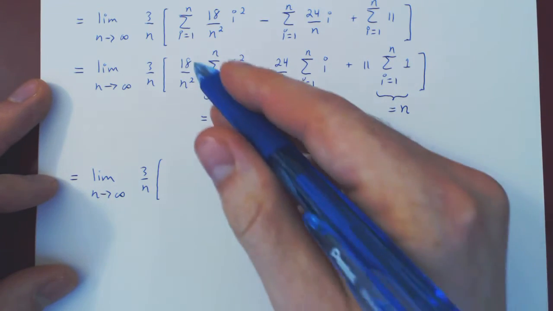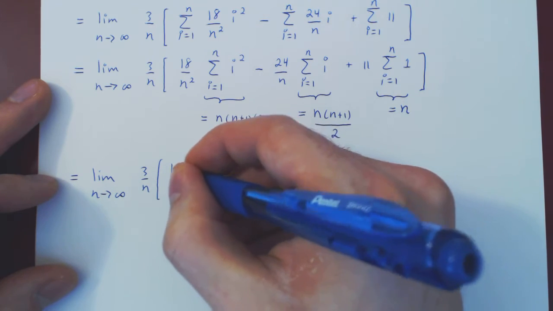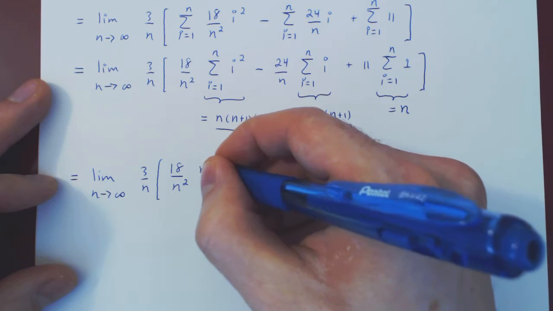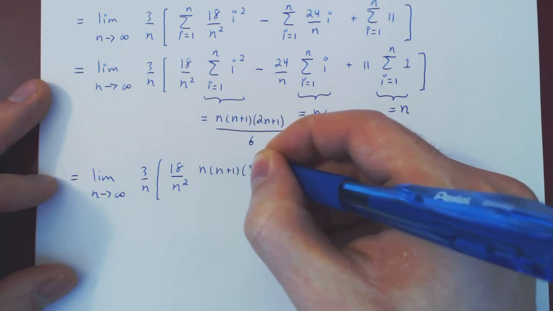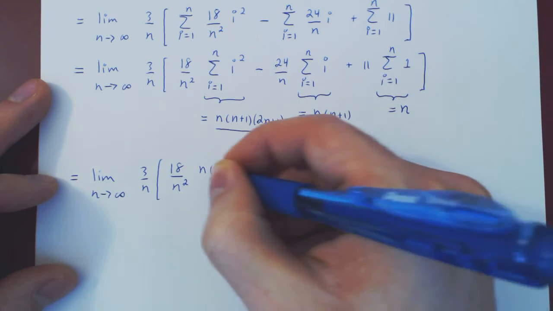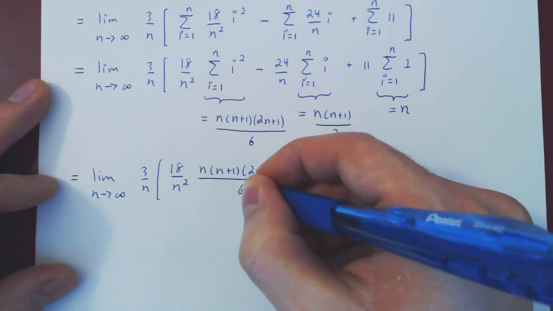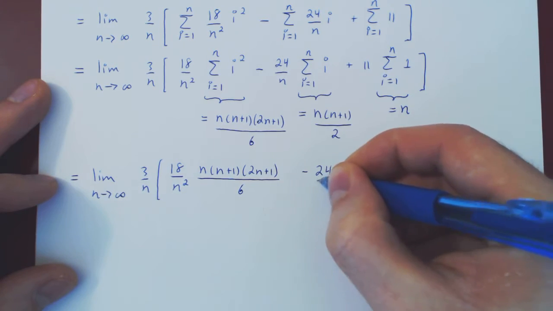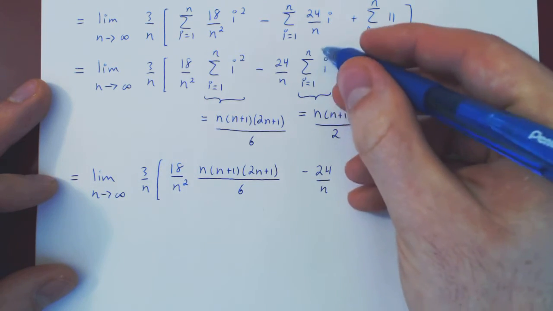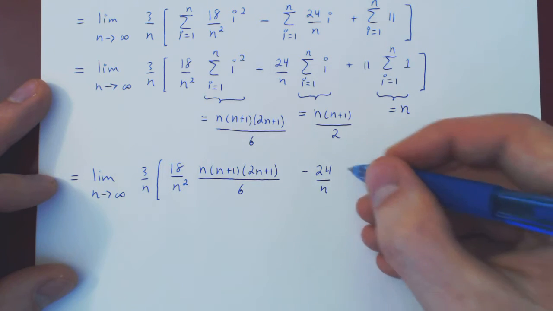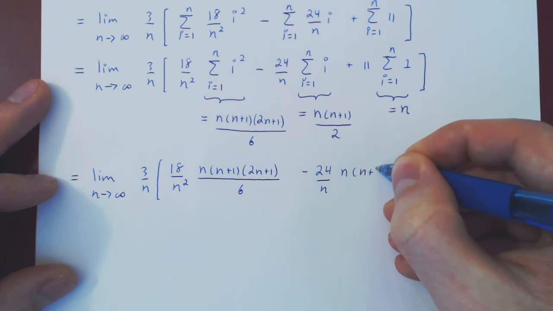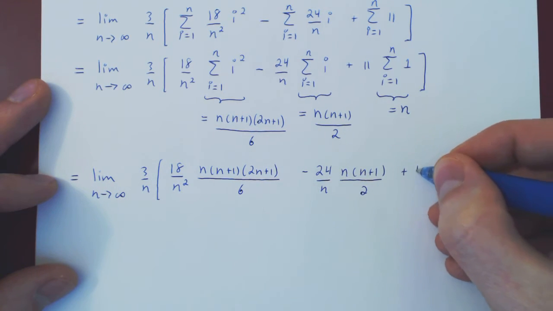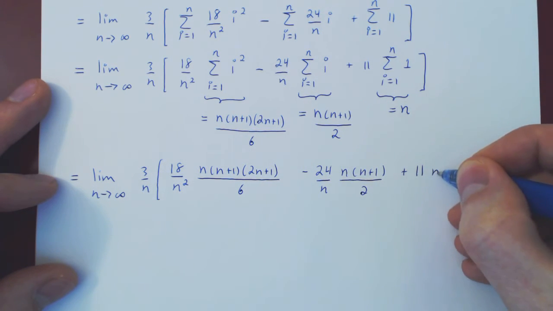So let's replace. So 18 over n squared times the shortcut formula. So n plus 1, 2n plus 1 over 6, minus 24 over n times n plus 1 over 2, plus 11 times simply n.